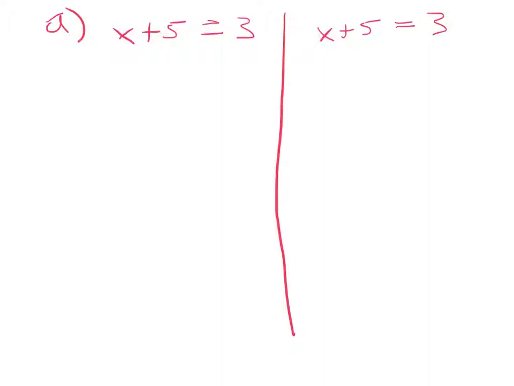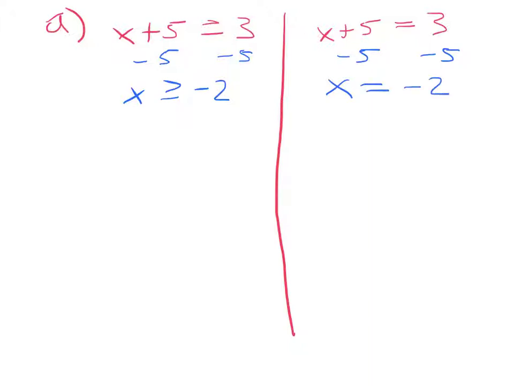Now, inequalities work just like equal sign. If you add something to both sides of the inequality, it's still that the one side is greater than the other side. If you subtract, you still have the same result. So when I solve these side by side, I'm going to subtract 5, and I have x is greater than or equal to negative 2. On this one, I subtract 5, and I have x is equal to negative 2.